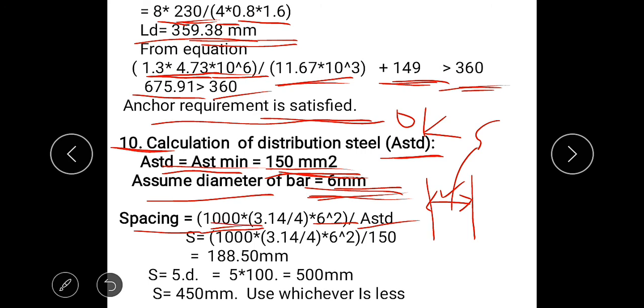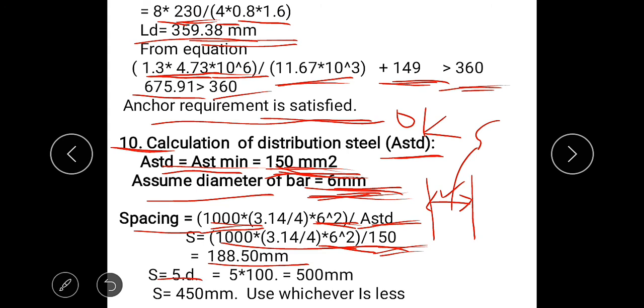So 1000 into pi by 4, which means 3.14 divided by 4, into d, the diameter of bar, 6 square, divided by area of steel in distribution, which is 150. So spacing is 188.50.